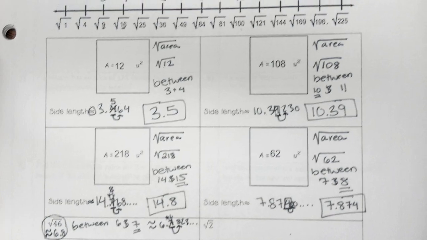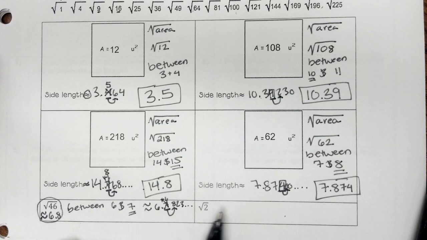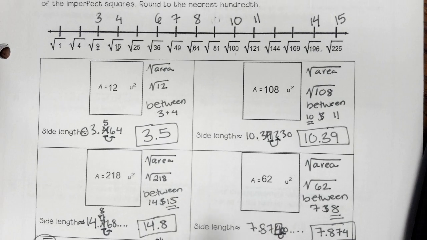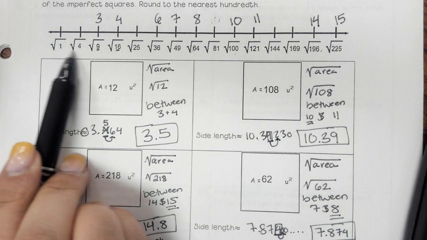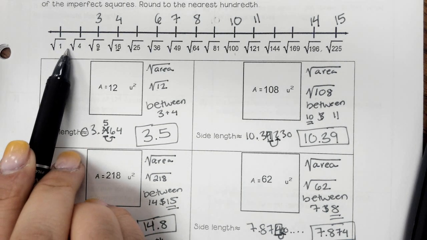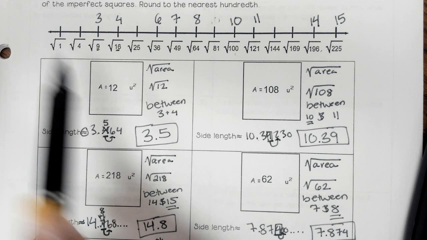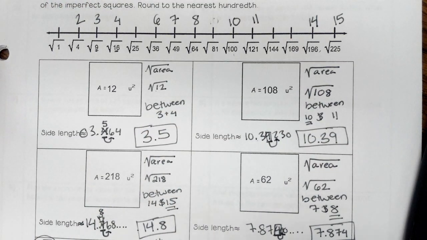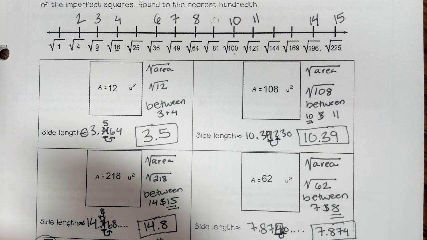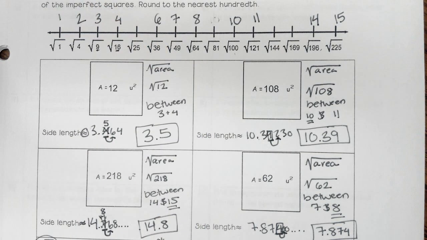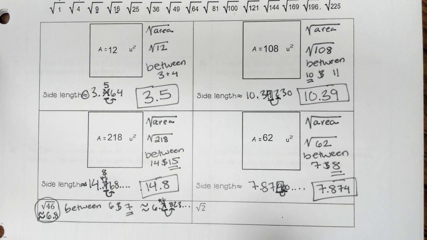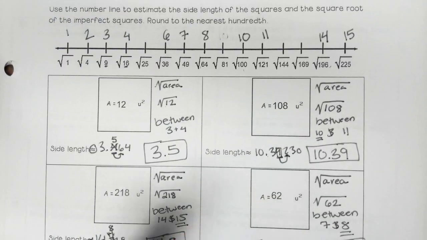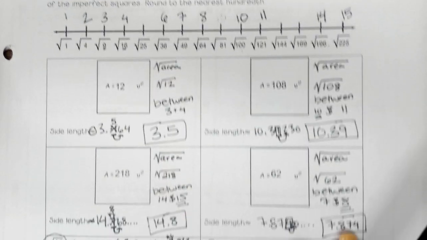Looking at the square root of 2, well, the square root of 2 is between the square root of 1 and the square root of 4, because 2 is between 1 and 4. The square root of 4 is 2, because 2 times 2 is 4. The square root of 1 is 1, because 1 times 1 is 1. And 2 is a lot closer to 1.